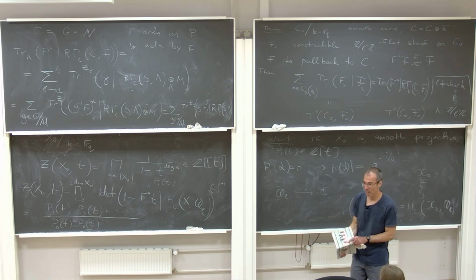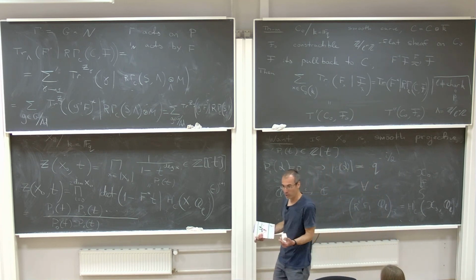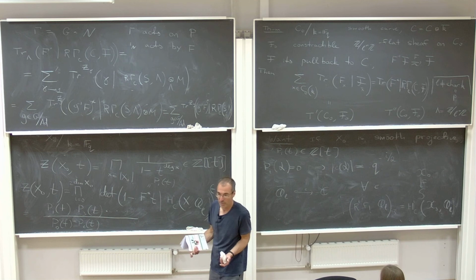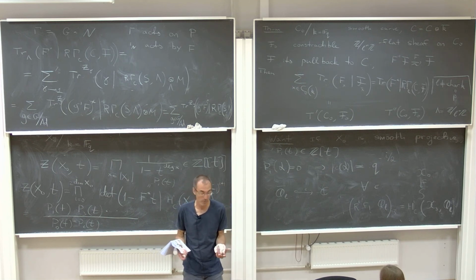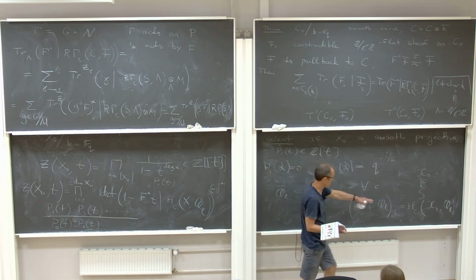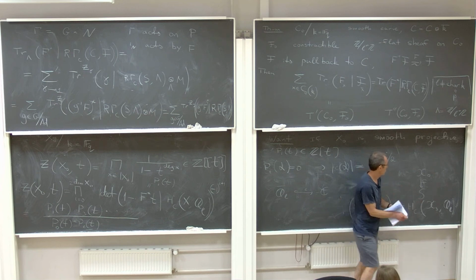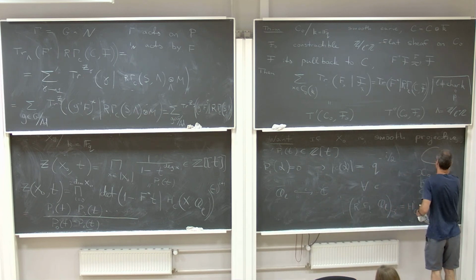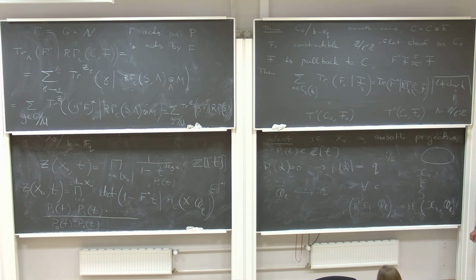So at the end, the proof will be reduced to a statement about representations of the fundamental group of this S. And if you think of S as an open subset of affine space, you can connect any two points here by a rational curve.